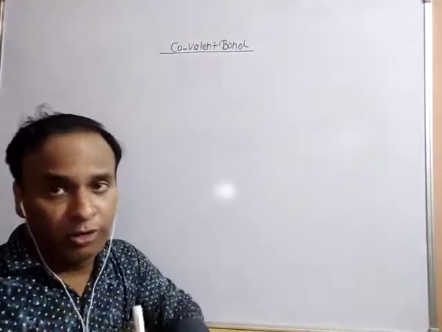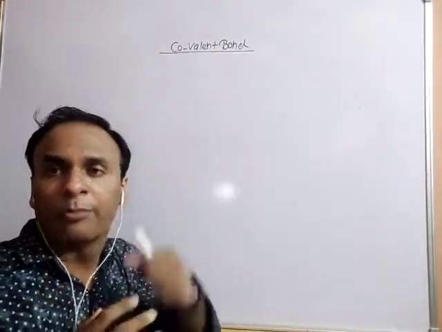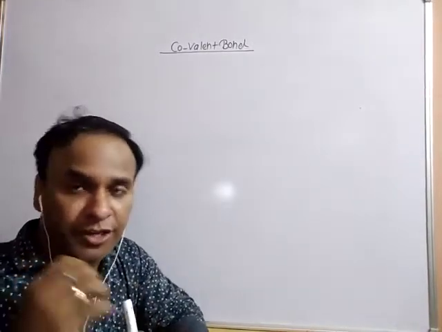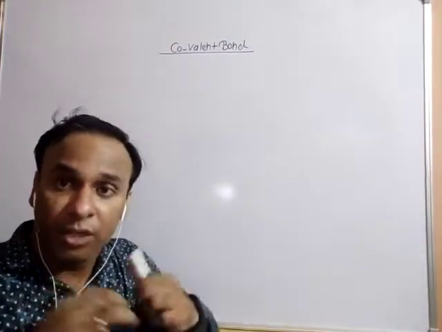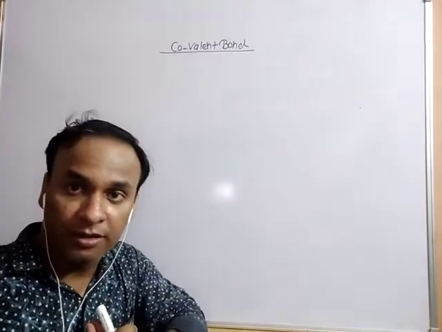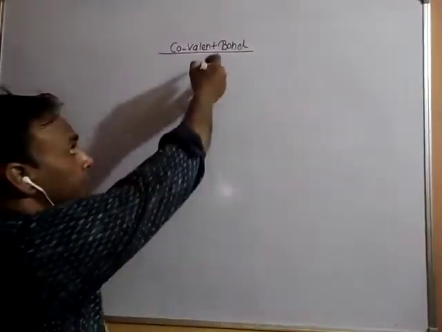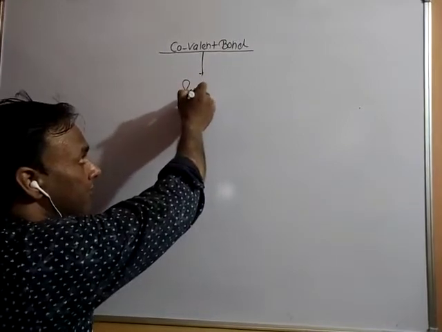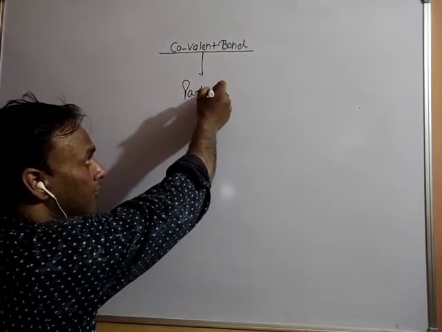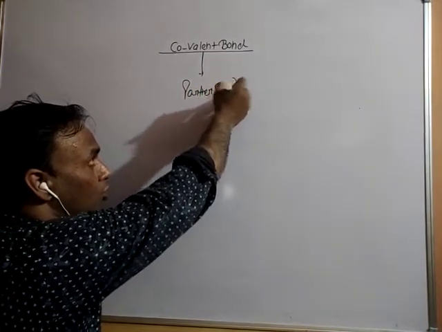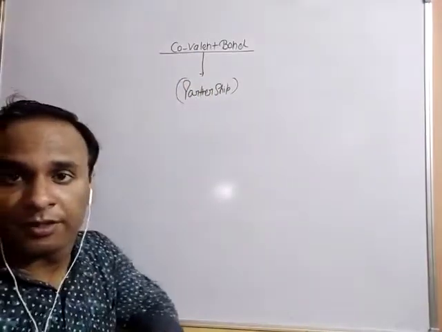Now when we talk about the covalent bond, it is formed by the sharing of electron pairs, which means an equal partnership of electrons.